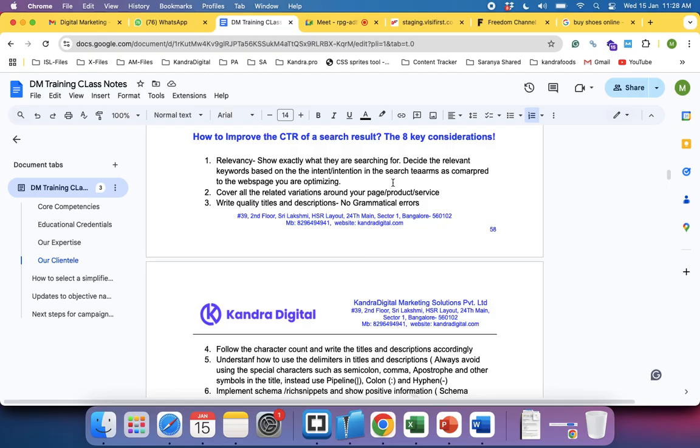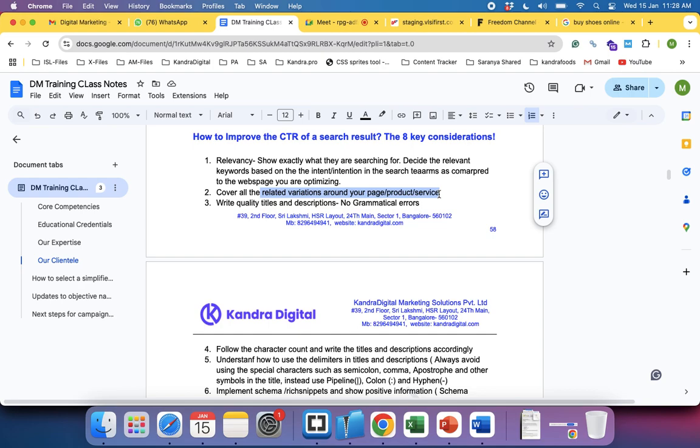Relevancy: show exactly what they are searching for. Decide the relevant keyword based on the intent or intention in search terms as compared to that of the web pages you are optimizing. Cover all the related variations around your page or product or service. You are searching for digital marketing training on Google.